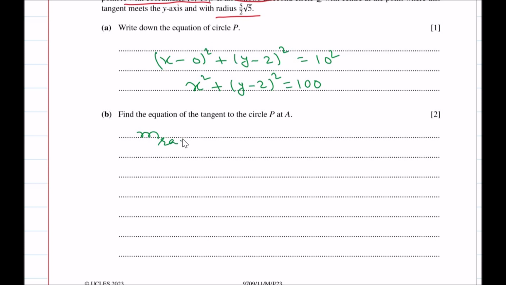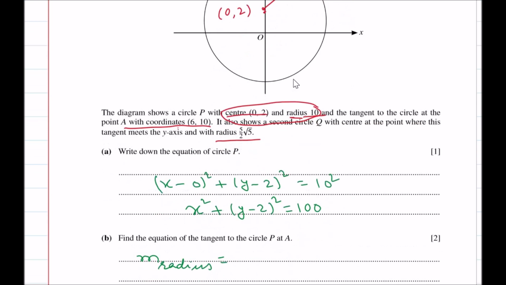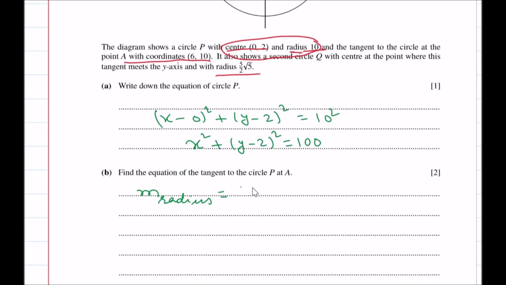M radius is equal to, we know that y2 minus y1 divided by x2 minus x1, right? Gradient formula. So 10 minus 2 by 6 minus 0, that is 8 by 6, that is 4 by 3.